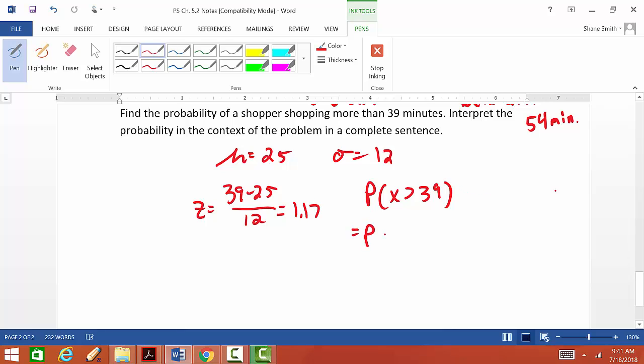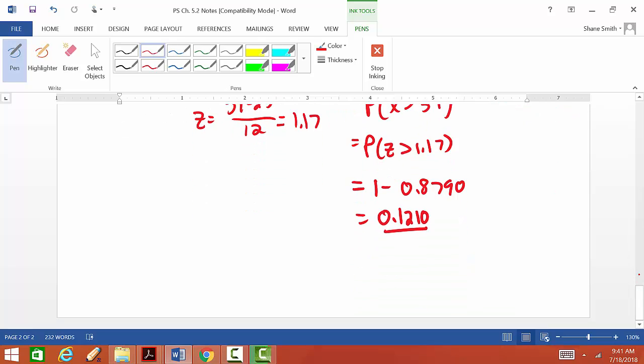We look up 1.17 in the table. .8790, and we see that it is also greater than, so don't forget to subtract from 1. And that's 0.1210.